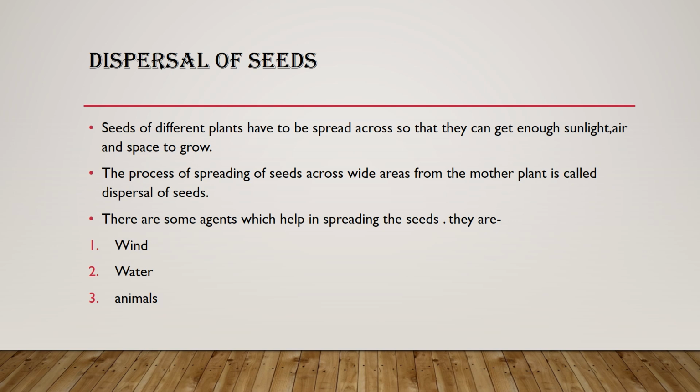If they stay in the same place or under the mother plant, then how will they get sunlight, air, and space to grow? So the process of spreading of seeds across wide areas from the mother plant is called dispersal of seeds.